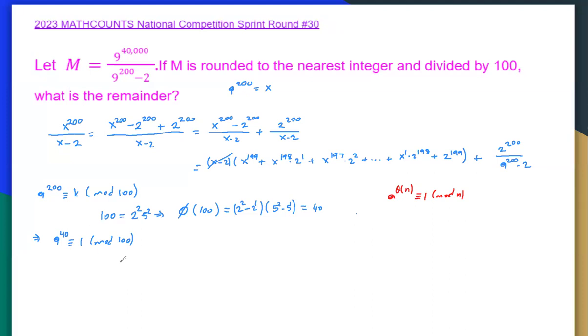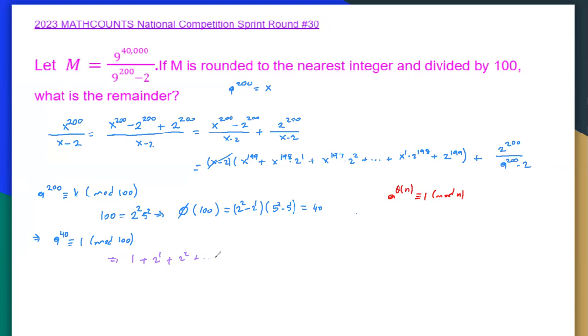So then the question became this. I'm going to write in a different color. So the question became 1 instead of x to the 199, just 1. And this is going to be 1 times 2, which is 2 to the first power. And the next one is 2 to the second power.